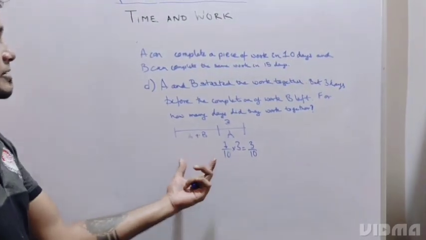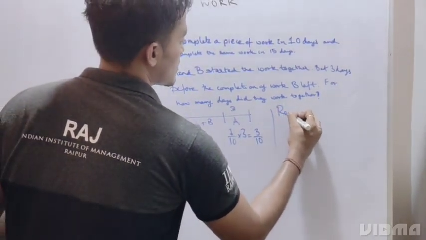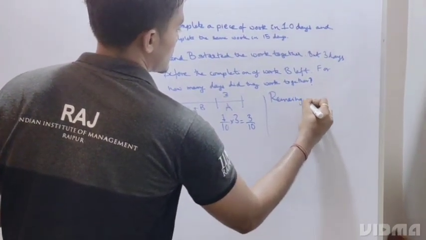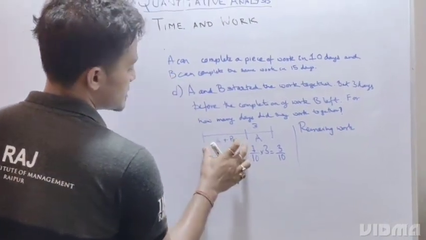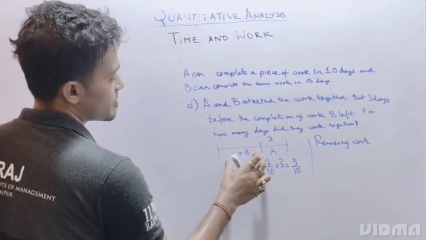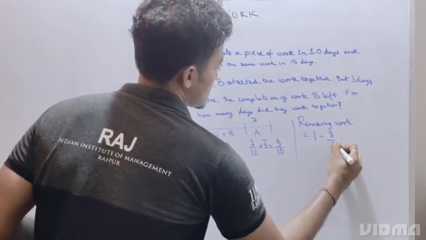So how much remaining work is there? Remaining work, which was done in this period in the beginning, is 1 minus 3 by 10.